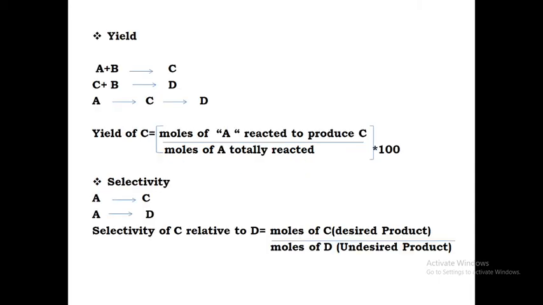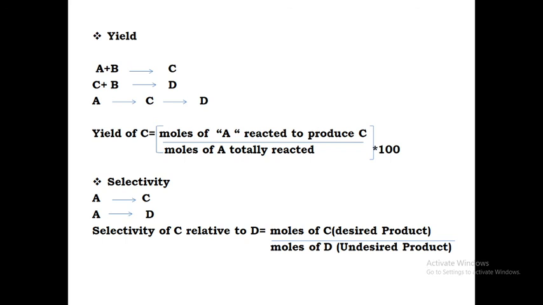Next one, yield. Consider the reaction A + B gives C, then C + B gives D. From this reaction, C is an intermediate product. It again reacts with reactant B to produce the product capital D. Consider the series reaction: A gives C gives D. This is a series reaction.